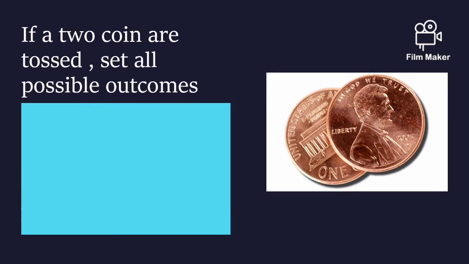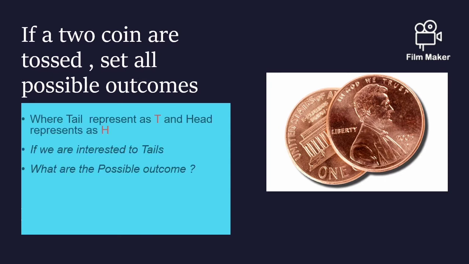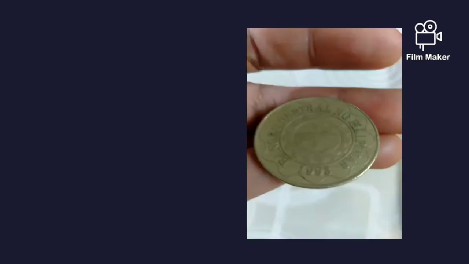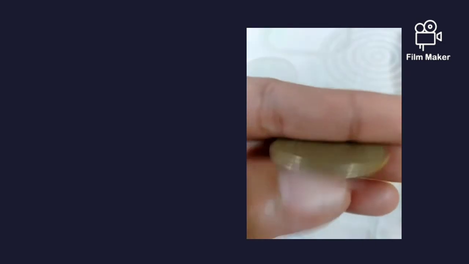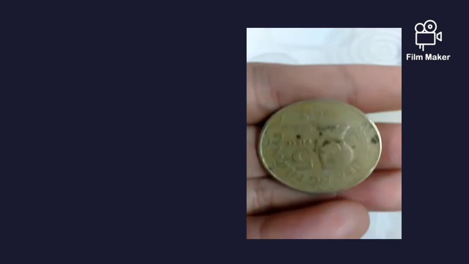If 2 coins are tossed, set all possible outcomes, where tail is represented as T and head is represented as H. If you are interested in tails, what are the possible outcomes? Parts of the coin: one is the tail and the other one is the head.